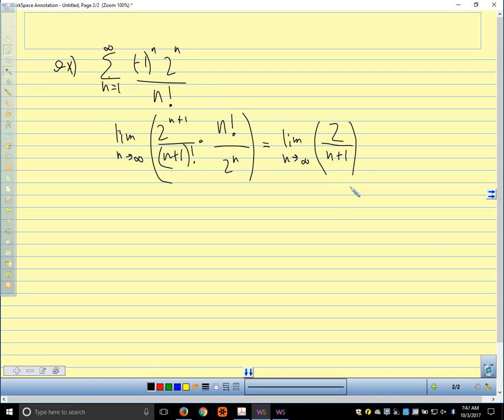And there we are. As n approaches infinity, this limit is 0, less than 1, so the series converges absolutely. So the alternating series converges, the absolute value series converges, we have convergence all around.